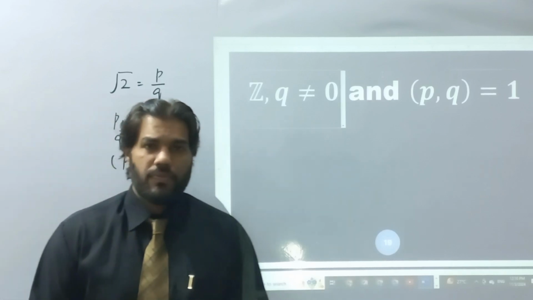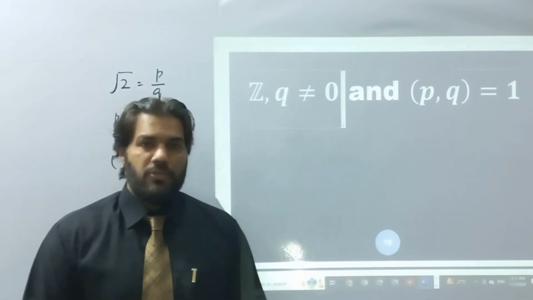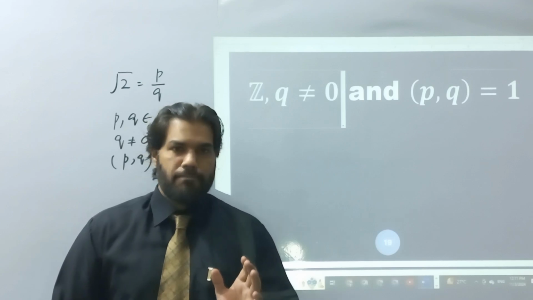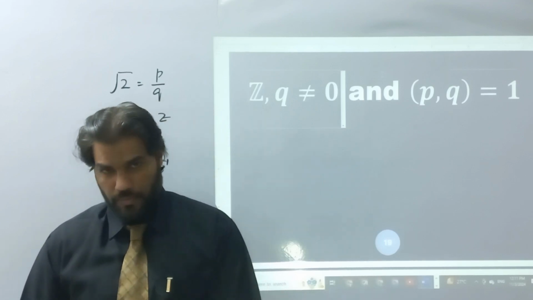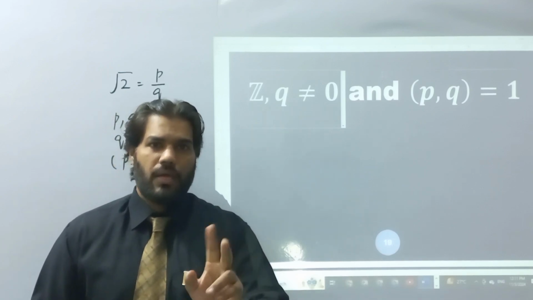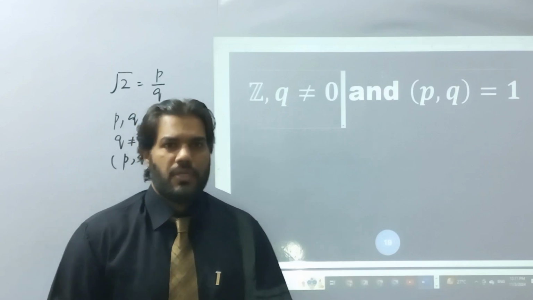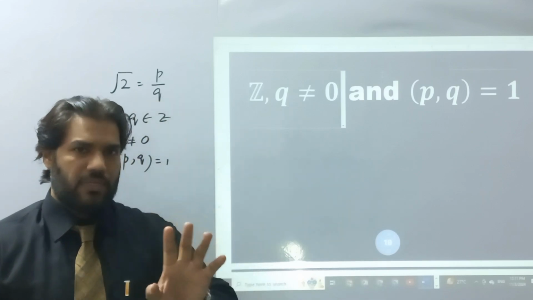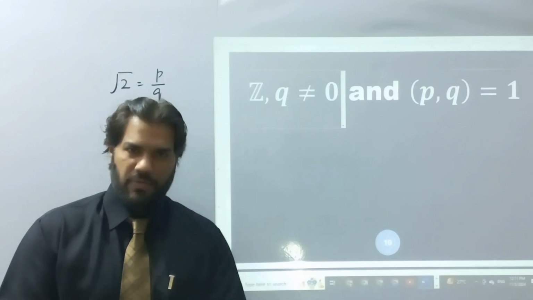Throughout the lecture, I will use this strategy: I will write any square root equal to p over q form. I will suppose p and q have no common factor. At the end, I will show that p and q have some common factor other than 1.